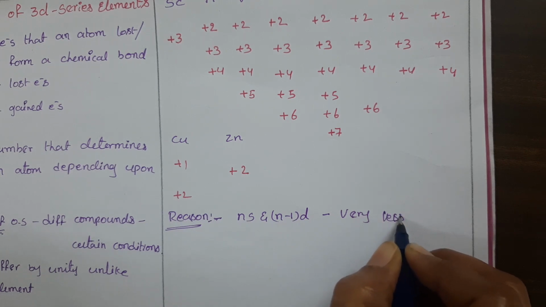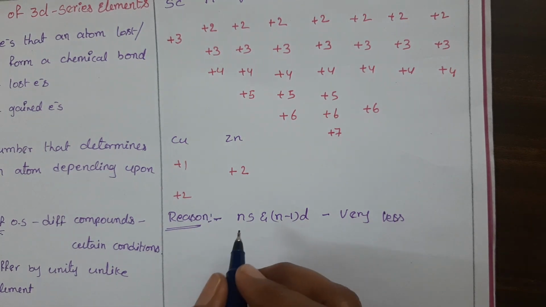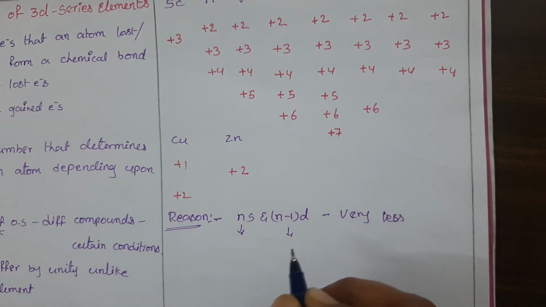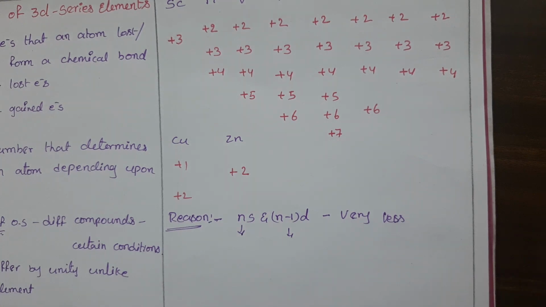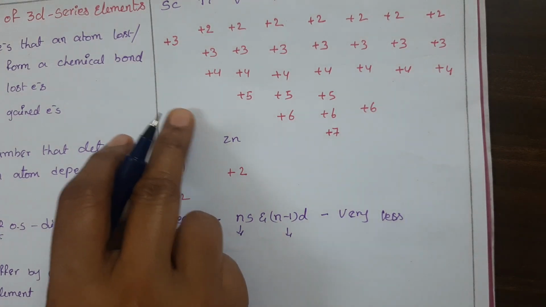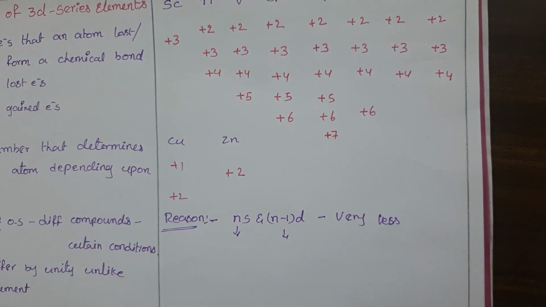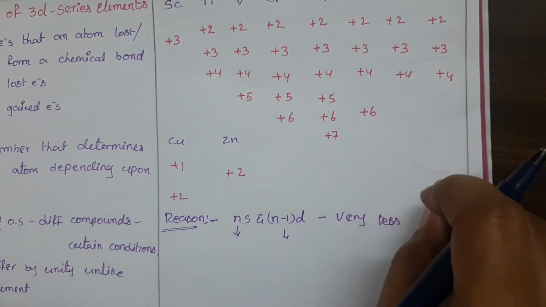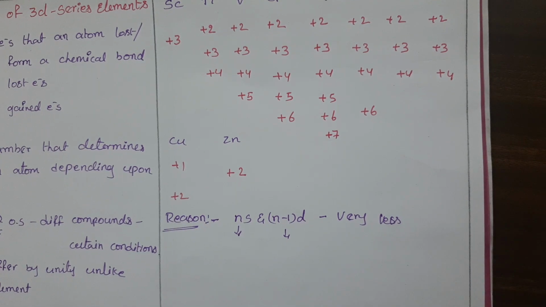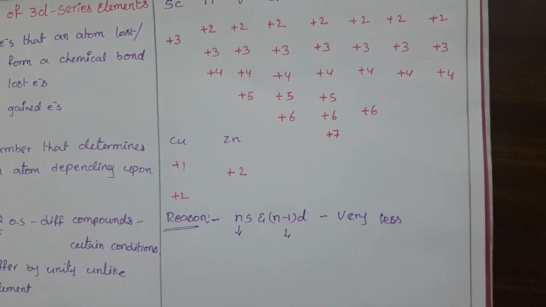So the electrons present in the valence shell s orbital and in the penultimate shell d orbital are both involved in bond formation. So that's why they can show this type of variable oxidation states, that means this many oxidation states in their compounds, depending upon the conditions. Okay, so that is about the oxidation states of 3D series elements.